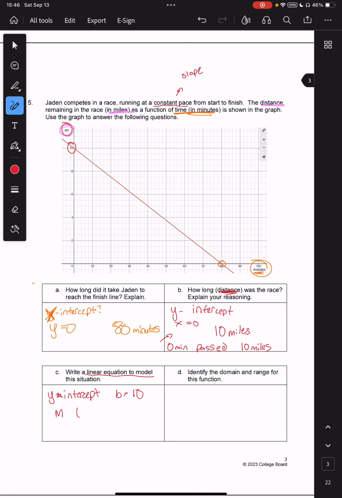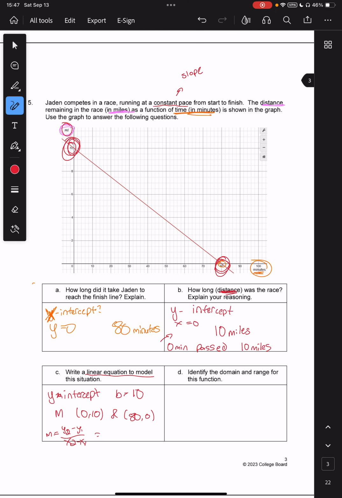So let's take the two points we know, (0, 10), which is this point over here, and (80, 0), which is the other point. Let's find our slope with that. Remember, our slope is y2 minus y1 all over x2 minus x1.